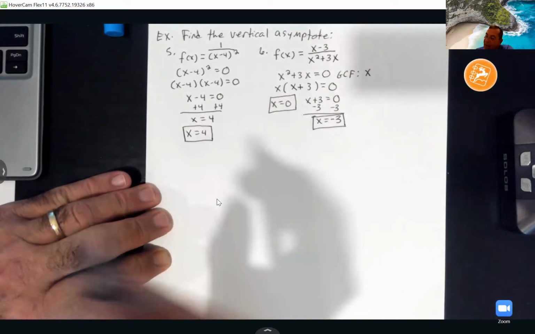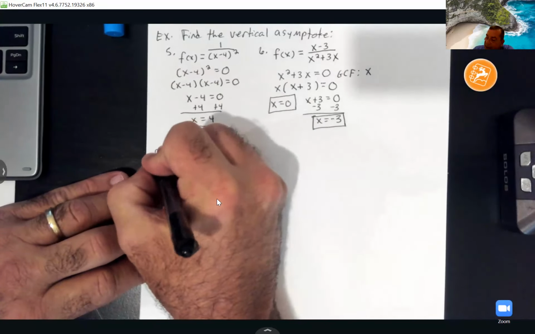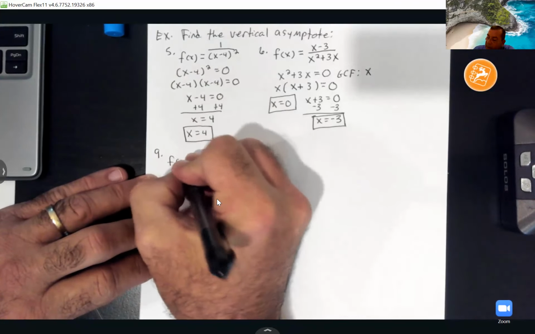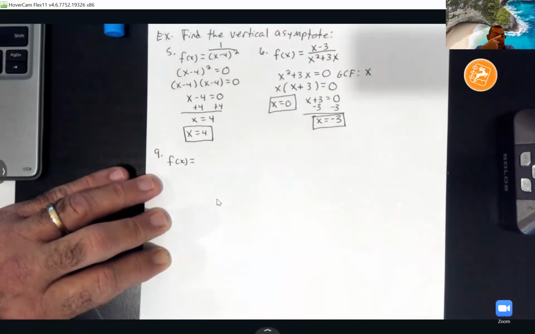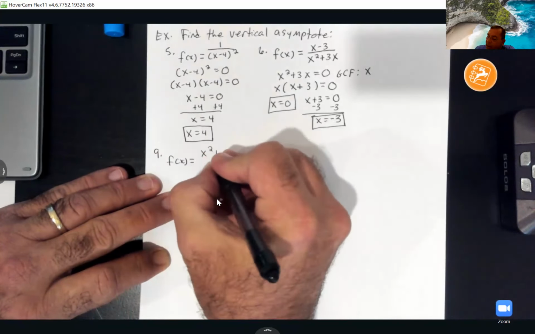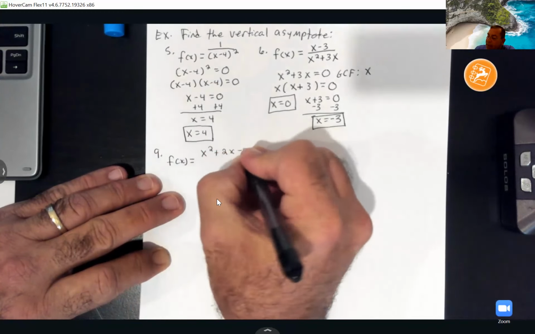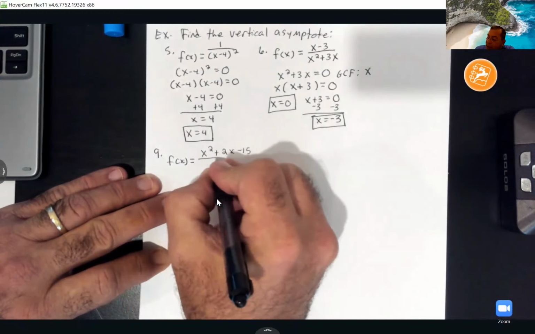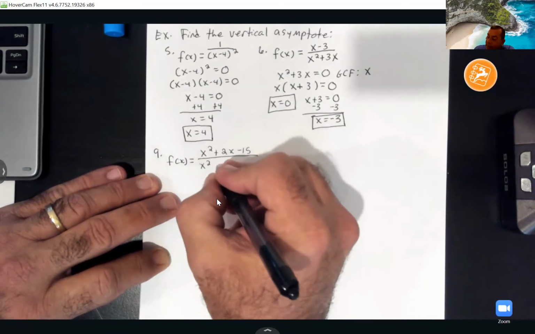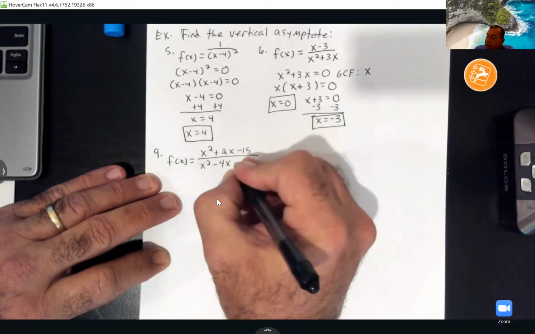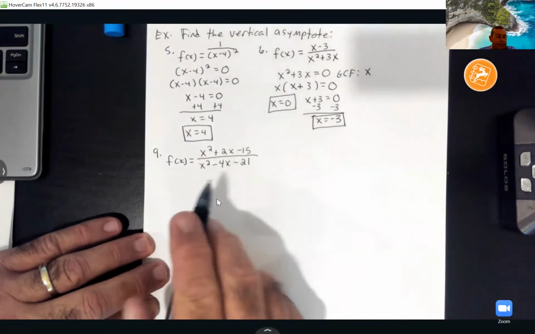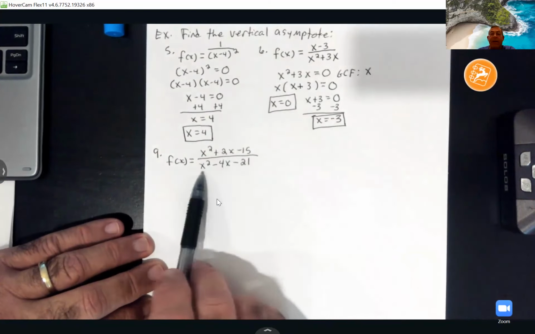So 7 and 8 ain't bad. So let me go to 9 because it had a lot of factoring. So for my number 9, f of x will equal x squared plus 2x minus 15 over x squared minus 4x minus 21. All right.